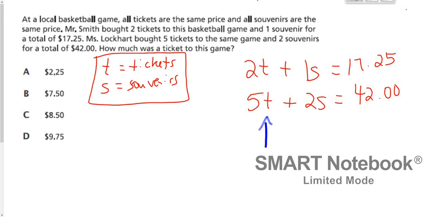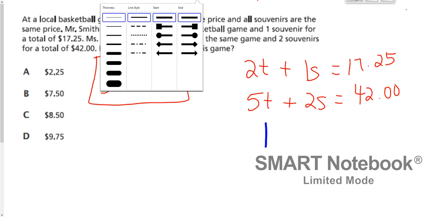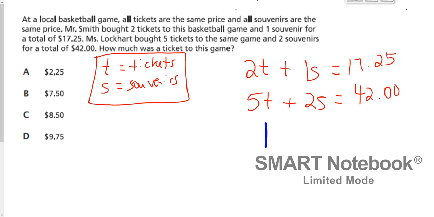However, this time we are missing something. Remember, you need one of the variables to be opposites, and we don't have that. We have 2t and 5t, not opposites, and we have 1s and 2s. So if you remember back in Unit 4, we learned, well actually we learned this a lot earlier, but we relearned it, that you are allowed to change an equation by multiplying the entire equation by a number.